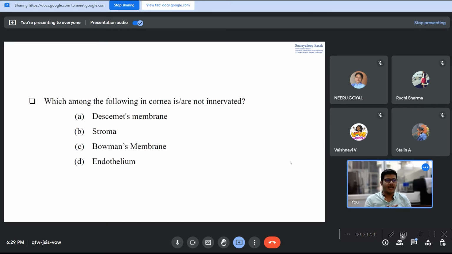Right. Which of the following in the cornea are not innervated: basement membrane, stroma, Bowman's membrane, and endothelium? It's directly mentioned in the slide.